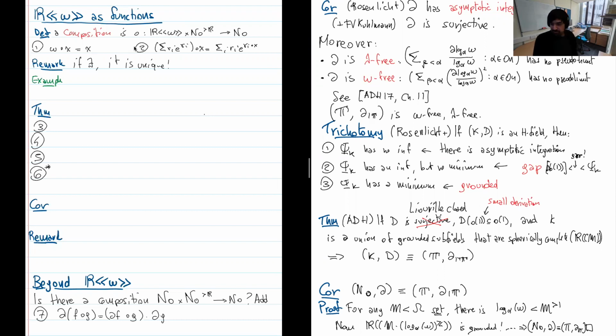Let me give you a stupid example. If I take e to the omega square plus square root of omega, which are two elements of R omega, and I compose this with x, I literally want to get this element back, with x in place of omega. I want this to happen.